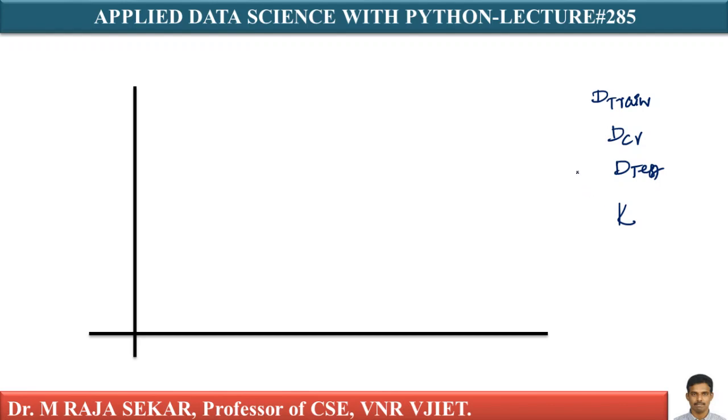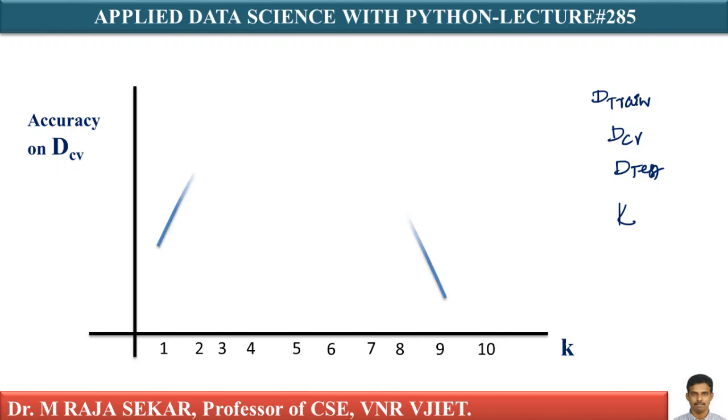Just to recall my previous lecture so that you can understand: we take k values on the x-axis and accuracy on D cross validation on the y-axis. Just this is k equals 5, something like this.